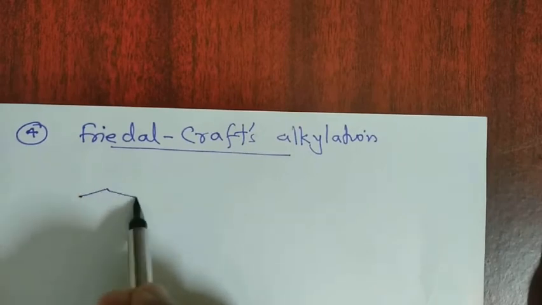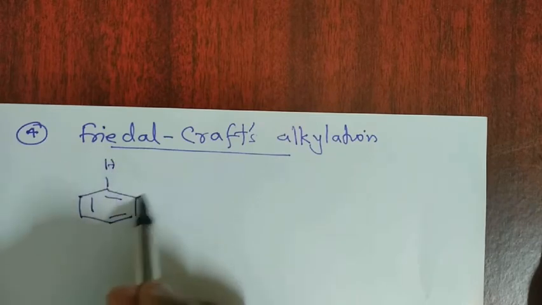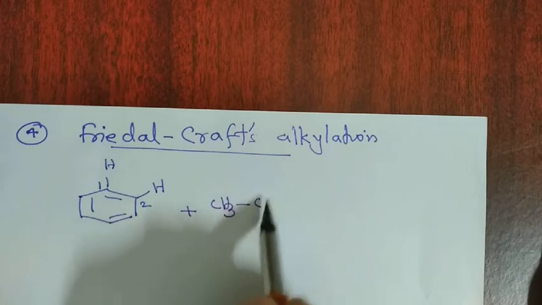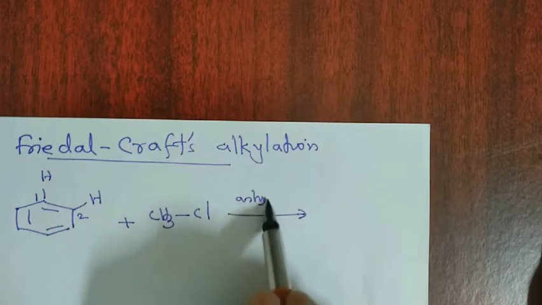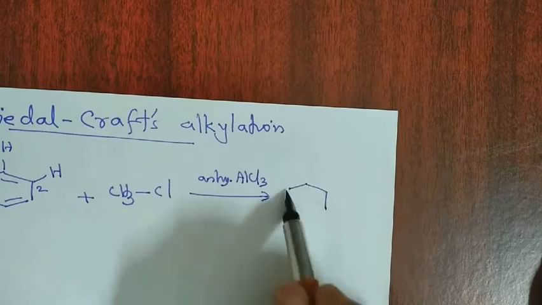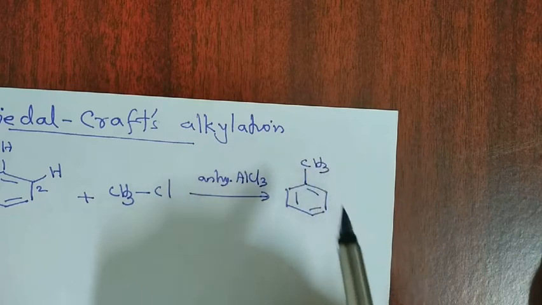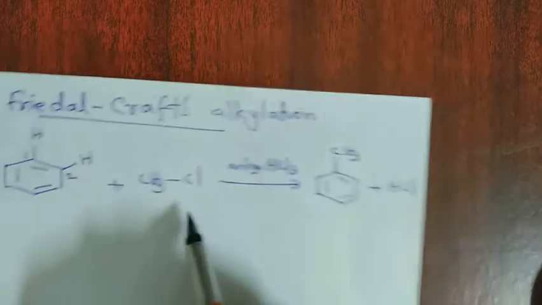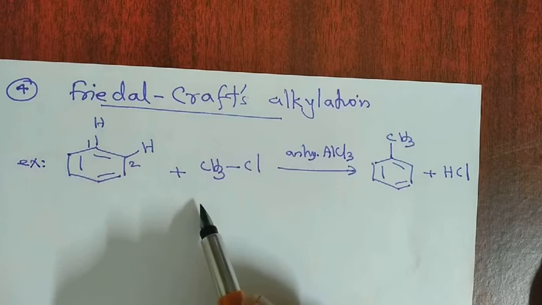As an example, when benzene is treated with methyl chloride or chloromethane in presence of anhydrous aluminium chloride, one of the ring hydrogen atoms is replaced by a CH3 group to form toluene. This reaction is an example of Friedel-Crafts alkylation.